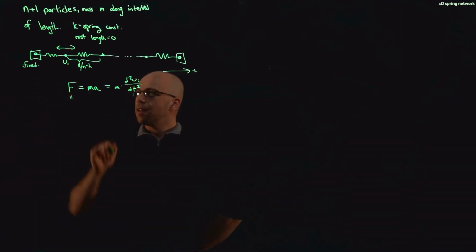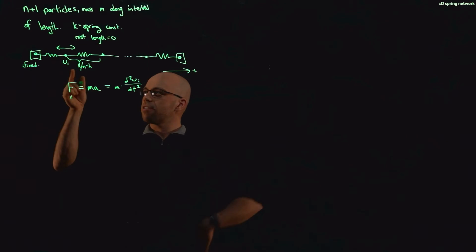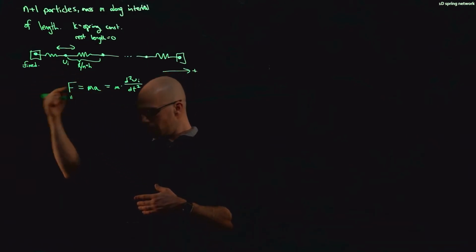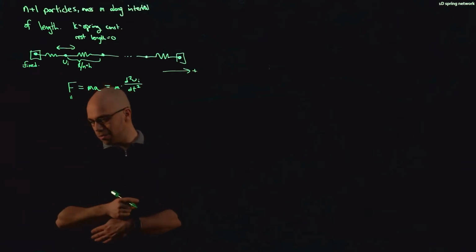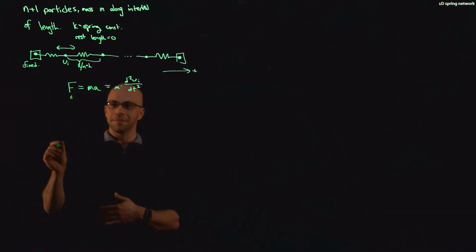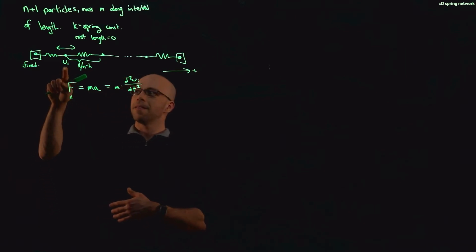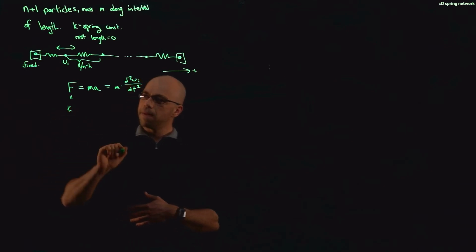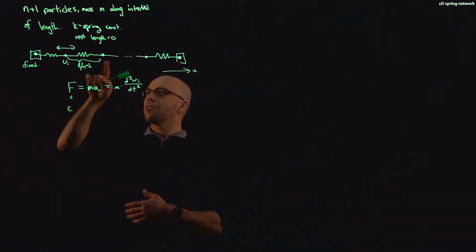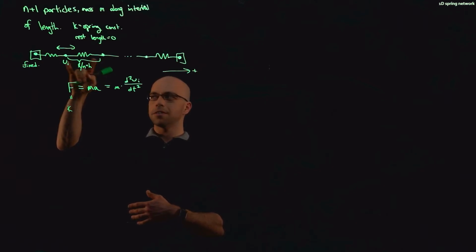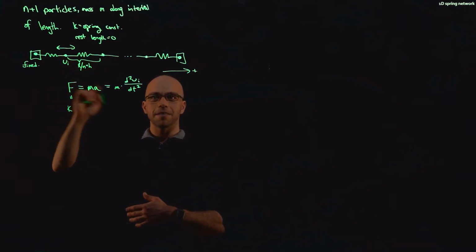Okay? Well, I've got two different springs that are yanking on particle i. One of them is on the left, and one of them is on the right. And both of them have rest length 0, and both of them have spring constant k. So let's do the one on the right. So here I've got k, and if you think about it, the force that I'm going to get in this case is just proportional to the distance between these two points.